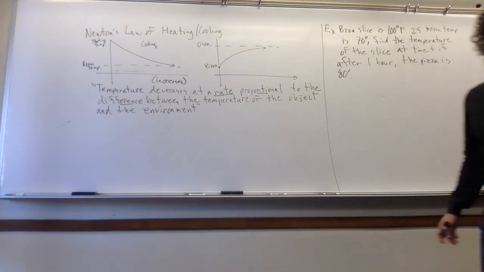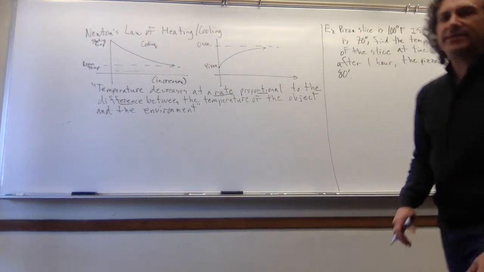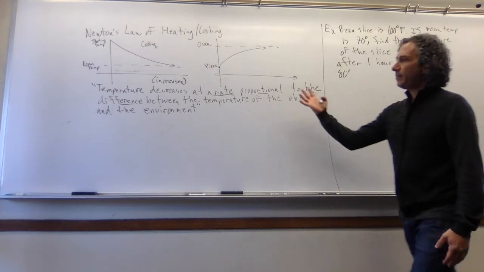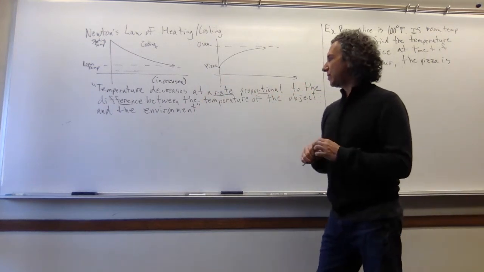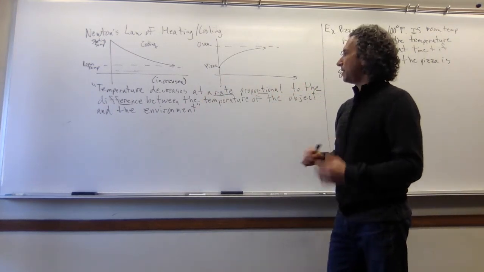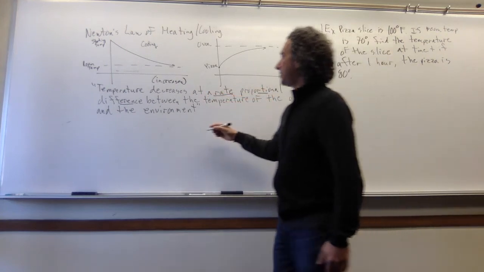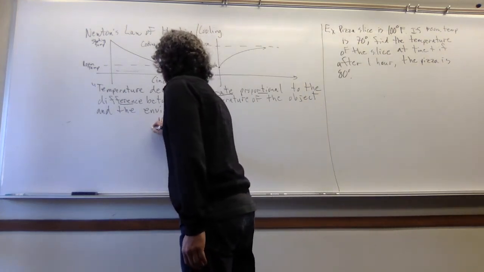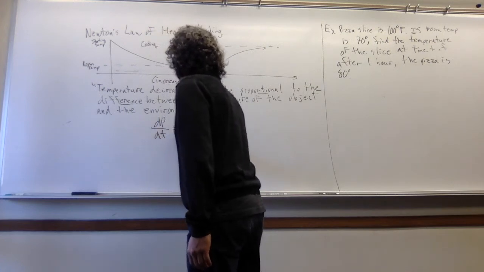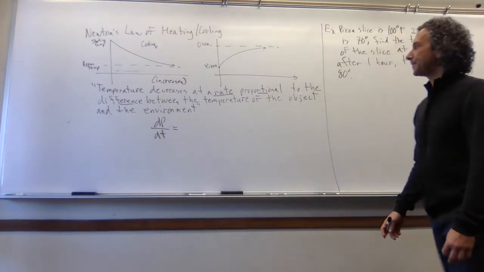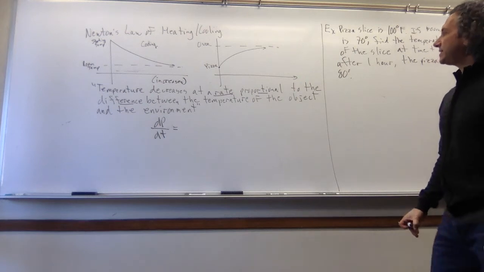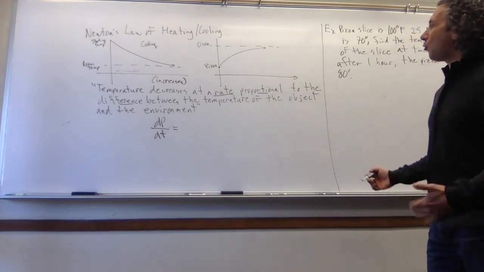All right, so the first thing that I want to do is try to set up a differential equation. And I'm going to use this language to create this differential equation. So temperature decreases at a rate. So the temperature of the pizza decreases at a rate. So we're talking about dP/dt. It decreases at a rate proportional to.